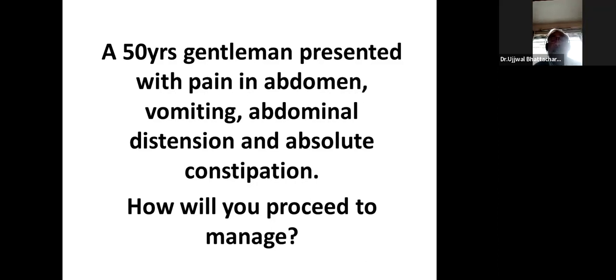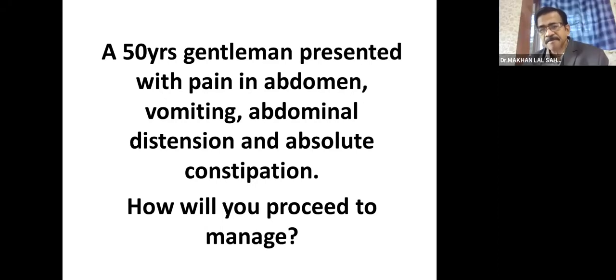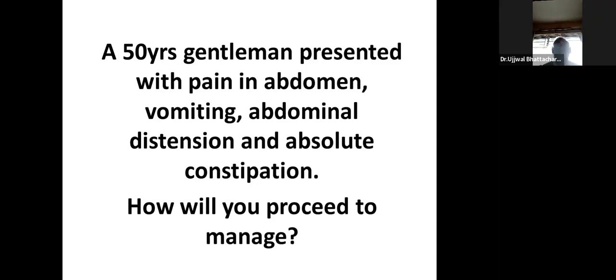Can it be related to sepsis inside the abdomen? Yes, advanced peritonitis, sepsis, or some inflammatory conditions as well, such as acute pancreatitis. So these are the different causes of ileus that we see in our day-to-day experience.